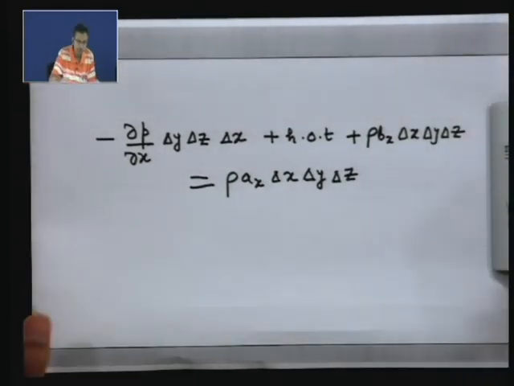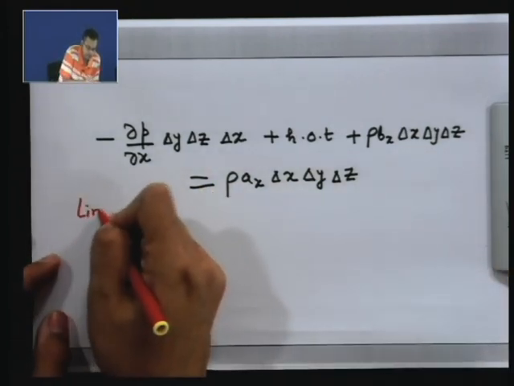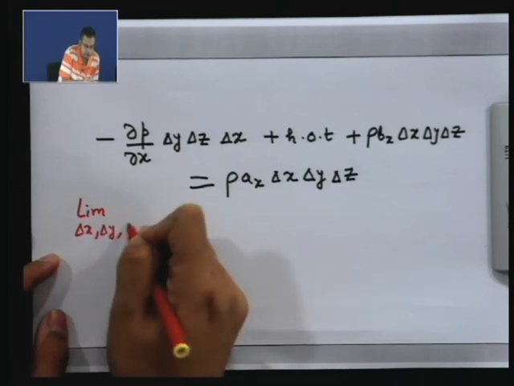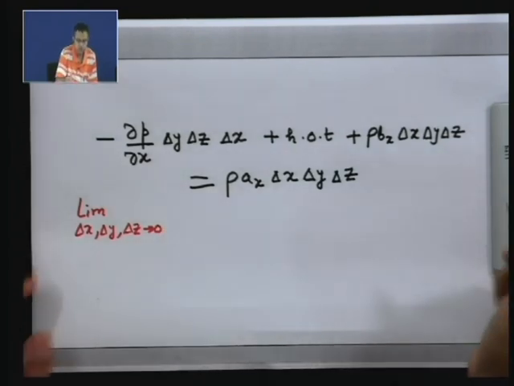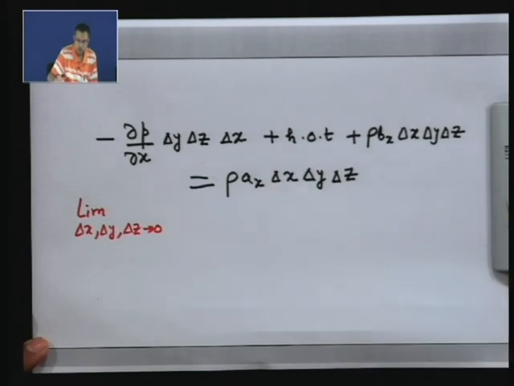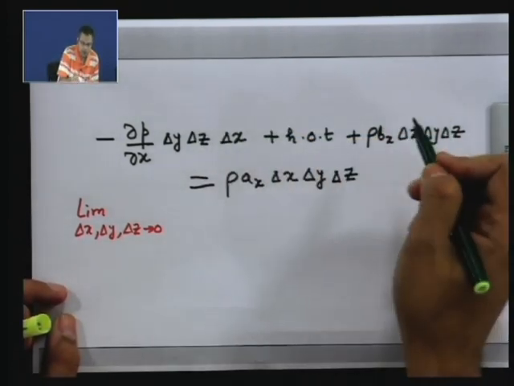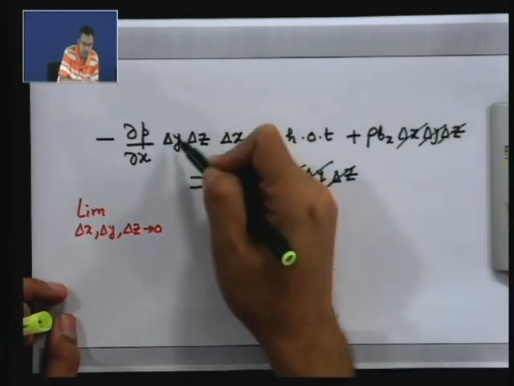We will simplify this equation, we will take the limit as delta x, delta y, delta z all tend to 0. They are all tending to 0, but they are not equal to 0.